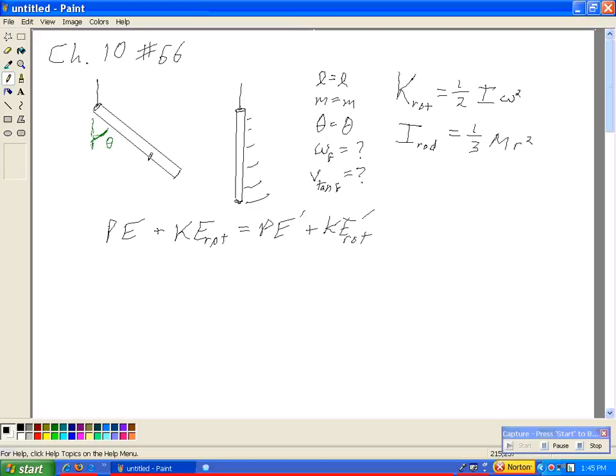Now it has potential energy here, but no rotational kinetic energy just yet. And at the bottom, its potential energy has gone to 0, but it has rotational energy. So this is mgh plus 0 equals 0 plus 1/2 I omega squared.